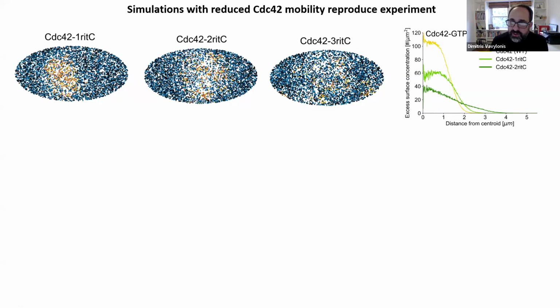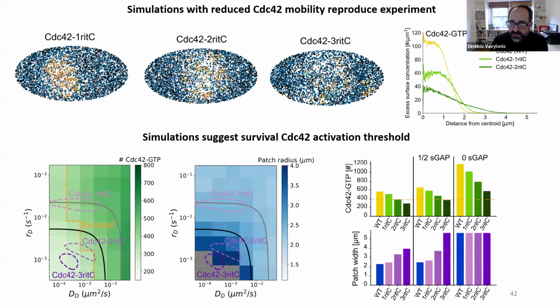The cells that have 3-RITC cannot live. We think this is because they have such a low CDC42 level that it is beyond the survival threshold. So we would predict that maybe the cells care more about having enough CDC42 than about having a patch. So by deleting the GAP, we would expect, according to this model, more activation but a wider patch.